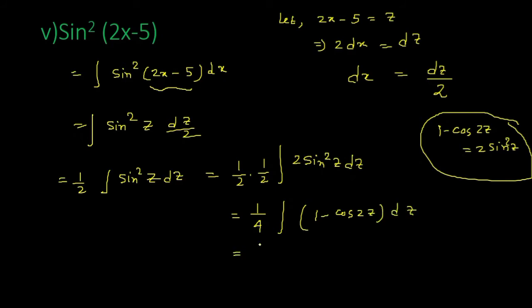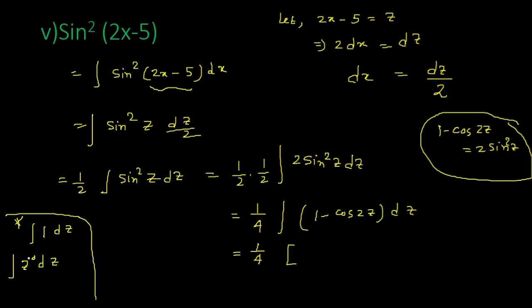Now what is the integration of 1? The integration of 1 will be z, because 1 can be written as z to the power 0. So the integration of 1 dz means z to the power 0.